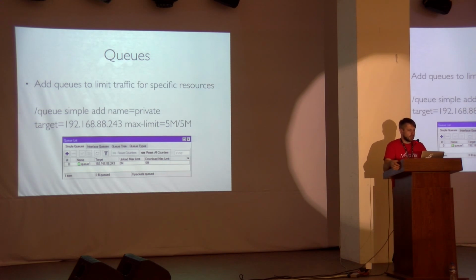Usually there is no place where you can stop improving your queues in different ways. The easiest way to configure queues is to use simple queues and put a limitation for a specific user. You put that IP address in the target and you set a max limit. But then you can improve queues by setting priorities, by setting limits, and applying other configuration.